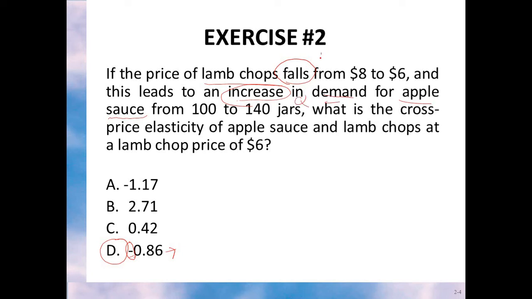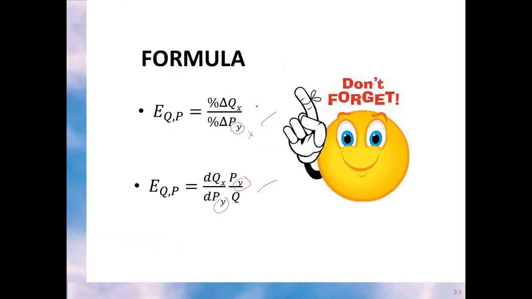So one falls, another one rises. From this question we can already know that the answer should be a negative value. If it were multiple choice, the answer should be between A and D only, because the answer cannot be positive. Please try, and don't forget to use the formula and try to get the answer given.